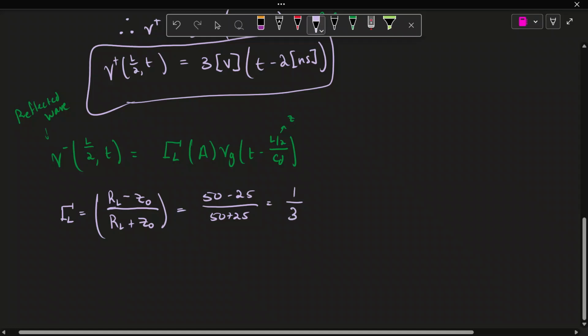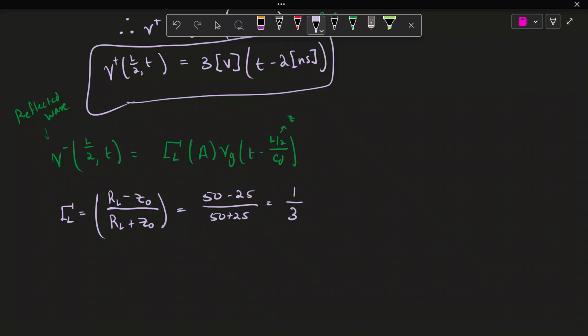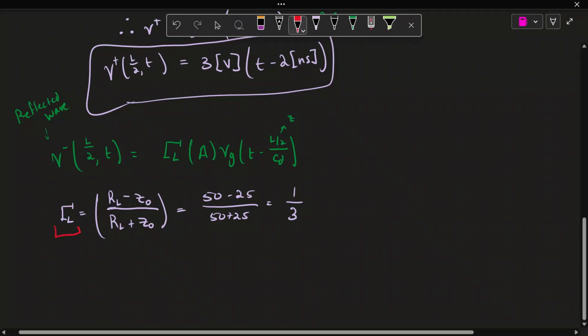Again, 1/3. So in perspective, a general way to think about this is that the reflected wave will come back 1/3 the size of the incident wave. Now, does that make sense? We have this reflection coefficient at the load being 1/3, and we're multiplying it by, in red, our V plus.